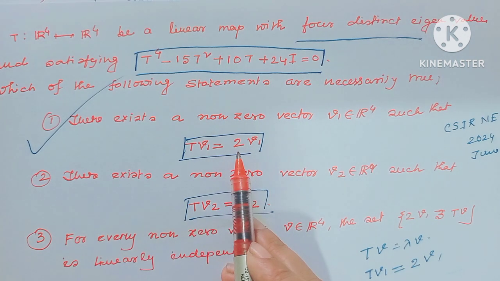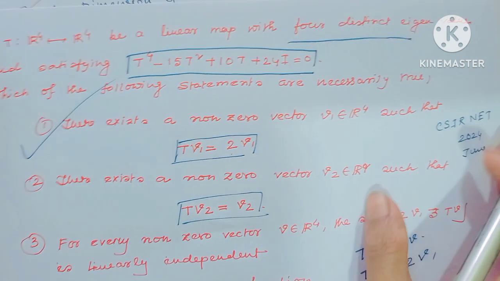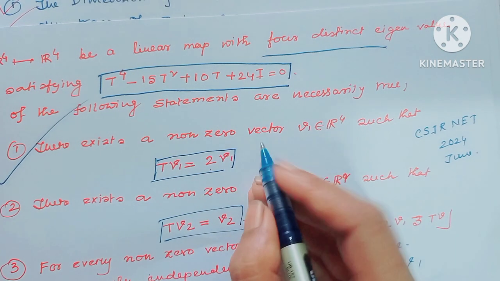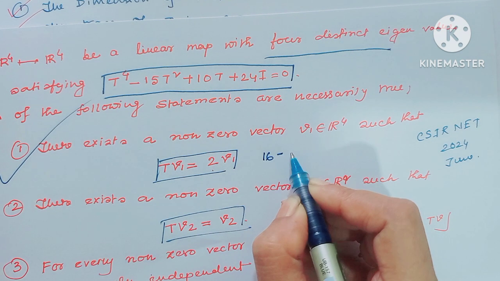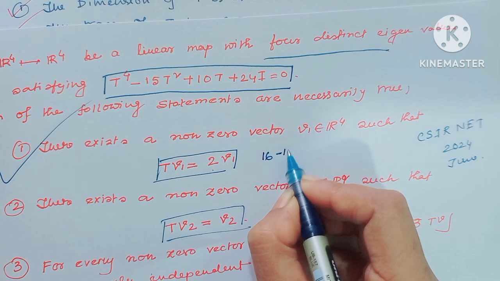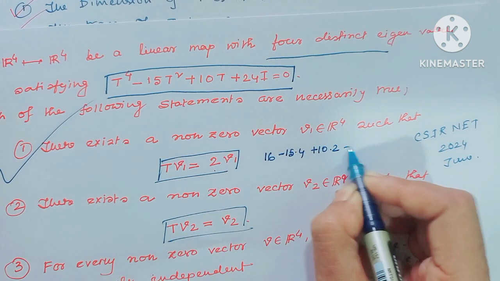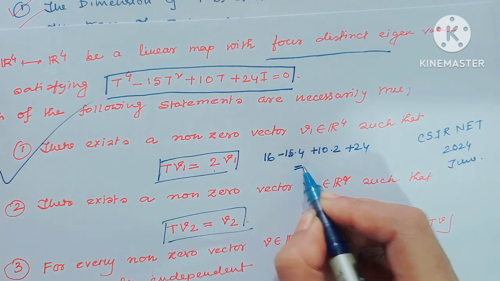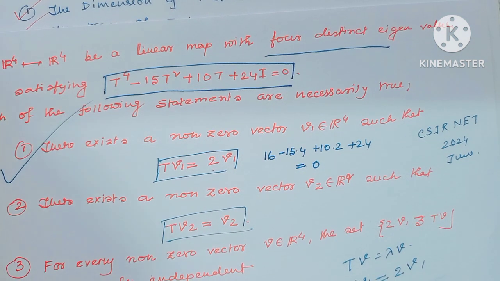If 2 is an eigenvalue, then it always satisfies this polynomial. Notice here 2 to the power 4 means 16 minus 15 times 4 plus 10 times 2 plus 24, which is equal to 0. So obviously 2 is an eigenvalue.